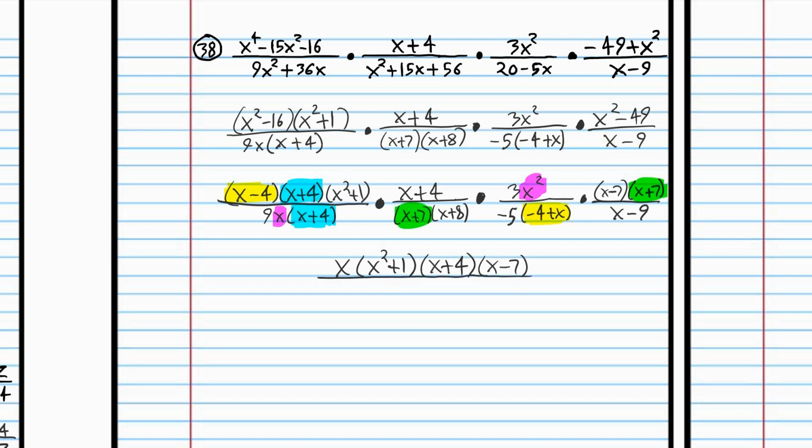Just double checking. And we have 3 in the bottom, but we also have a negative 5 here. So we're going to have to multiply 3 by negative 5. And again, you could just multiply straight across. You could do 9 times negative 5 and get negative 45 in the denominator. And keep your 3 and then reduce it later on. So then you would have 3 over negative 45, and then you would just reduce that. But I'm just skipping a step.